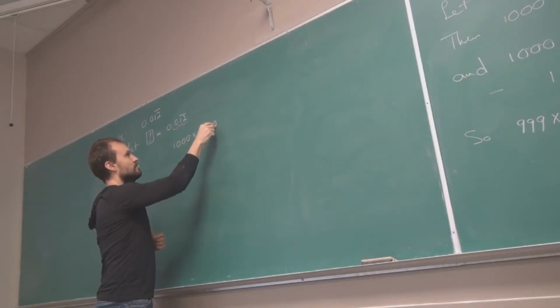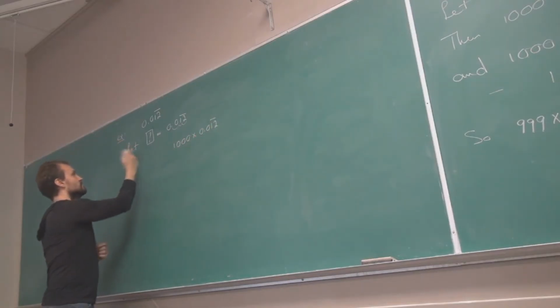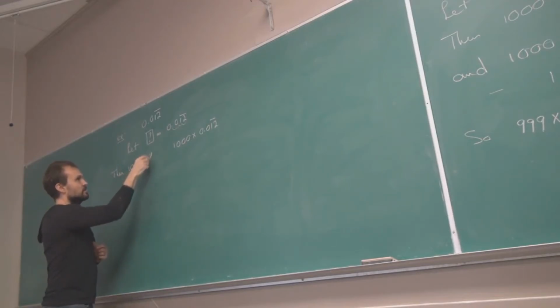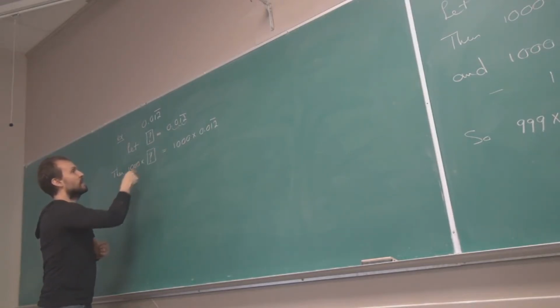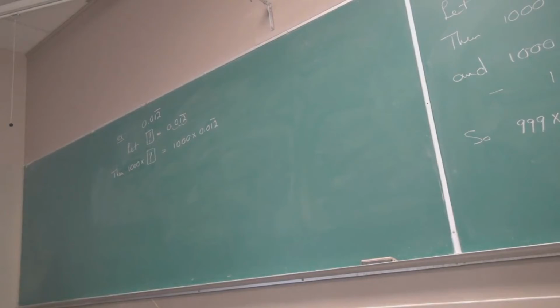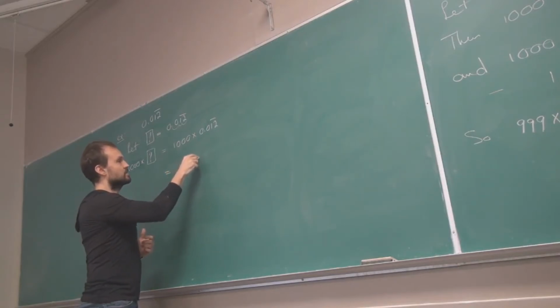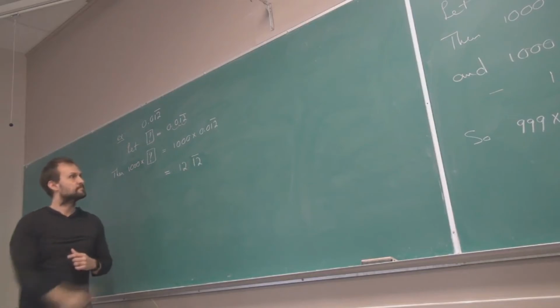This is what I have. Multiplying by 1,000. I'm just going to move this a little bit so I have space for the 1,000. And I want to keep everything in balance, so I have to multiply 1,000 on both sides. On the right, very clearly, I get 0.12 repeating, right?